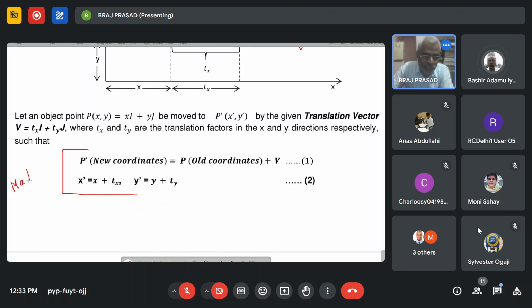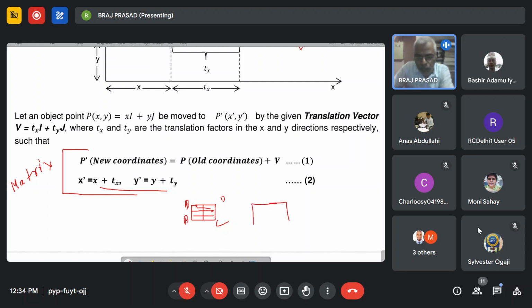This concept works for a single point, but if a number of points are given, how can you calculate the coordinate of each point? Because if you shift this object ABCD, which has different values like this, it will be shifted to this place.